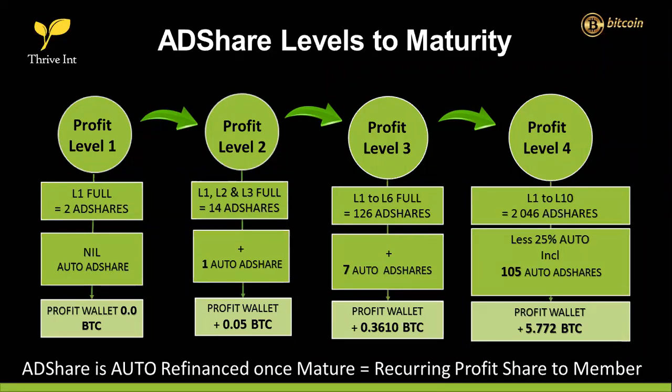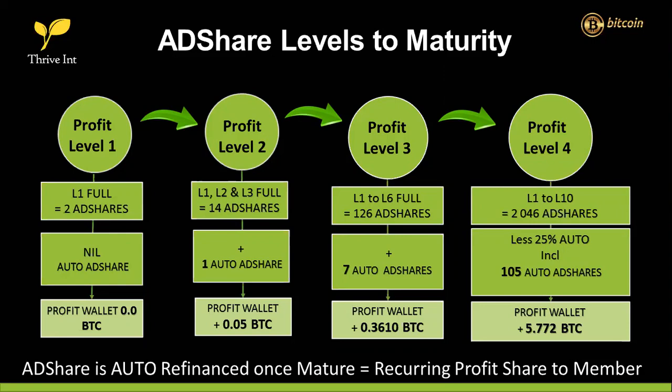But here's the awesome thing about this. Your Adshare never stops, because when it reaches maturity and completes cycle number 1, it will automatically be refinanced by your retention wallet and start cycle number 2.